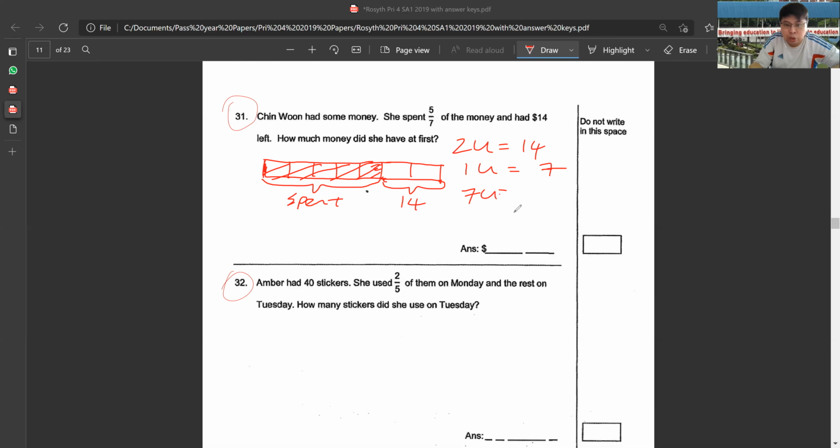So 7 units equal to? 7 times 7, equals 49. That's the amount of money she had at first. Okay? Understand now this one? Yes.